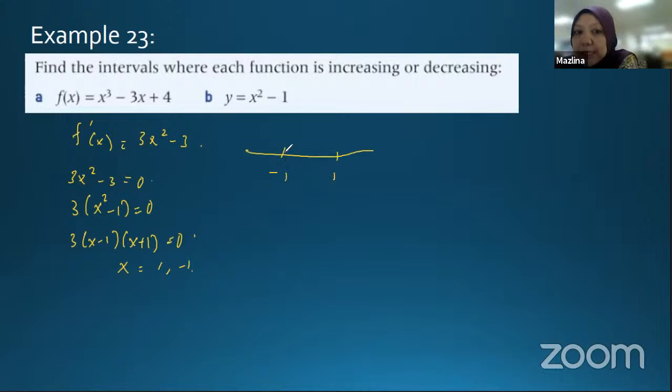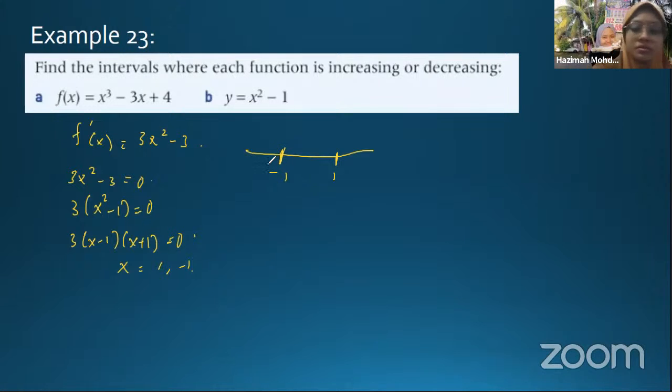At this particular point, negative 1 and 1 is a stationary point, where our function changes from increase to decrease or from decrease to increase, right? But if we think about the gradient of the function at that point, what is the gradient? What do you think? 0.